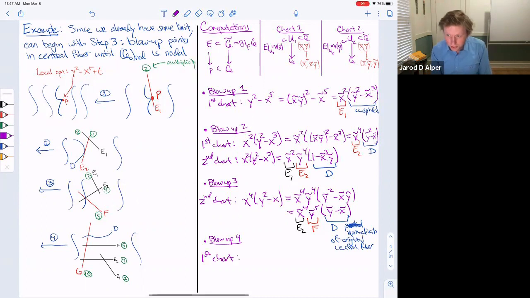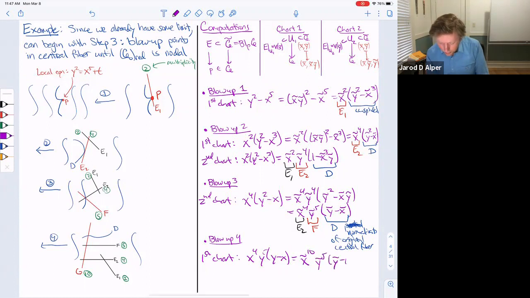So finally, in the fourth blow up, let's look at the pre-image of this equation, x to the fourth, y to the fifth, y minus x. Maybe I'll spare you the calculations, it becomes x tilde to the 10th, y tilde to the fifth, and then y tilde minus 1. Now this is the equation of the new exceptional divisor, which I call G, and it has multiplicity 10.